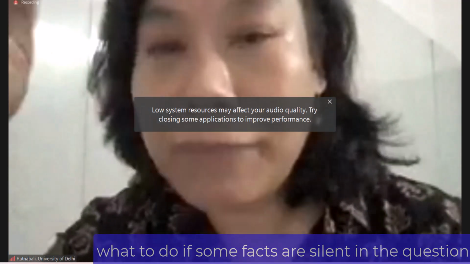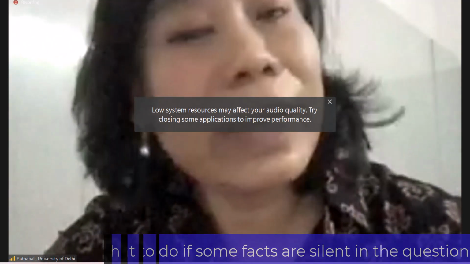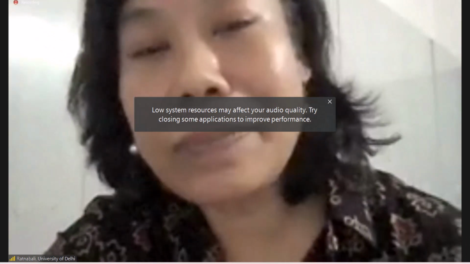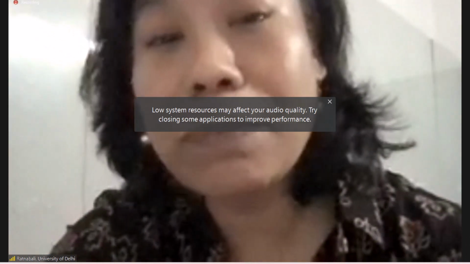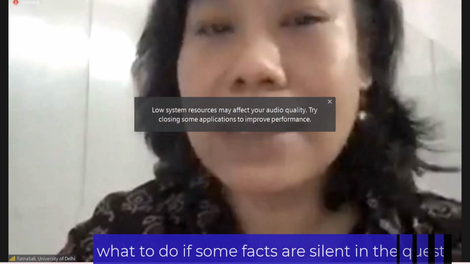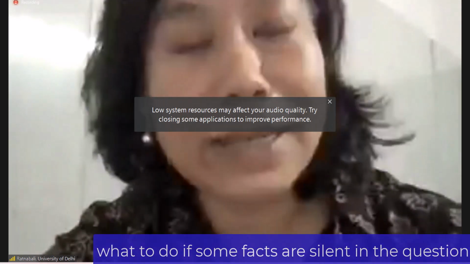So if facts are silent on a certain position of law, then while deciding that particular case, you need to give both sides. If the fact is like this, this is the line of argument and decision you will take.